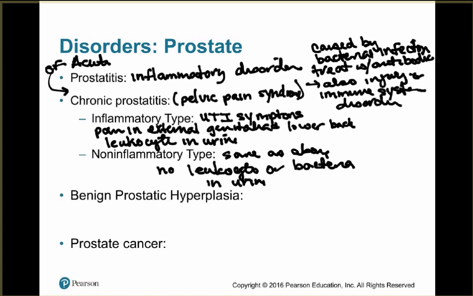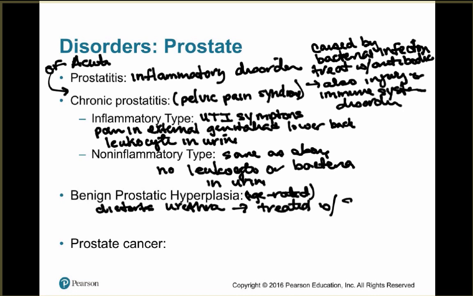Now, there's also what's known as benign prostatic hyperplasia, and this may be age-related. It's basically when this problem distorts the urethra. Sorry for my misspeaking. It can be treated with surgery. That's the most common type and has been used the longest, but there are newer options.